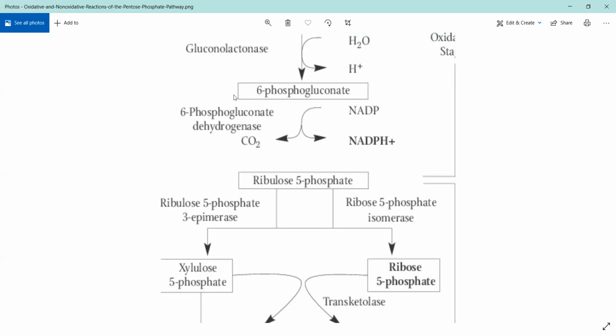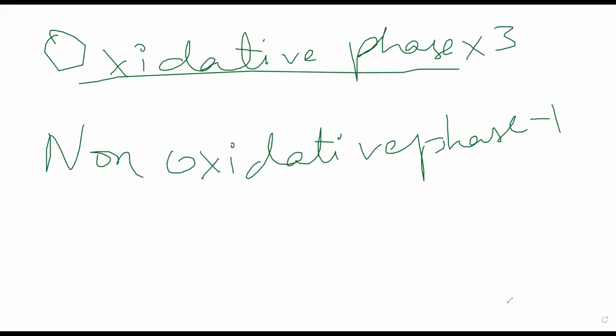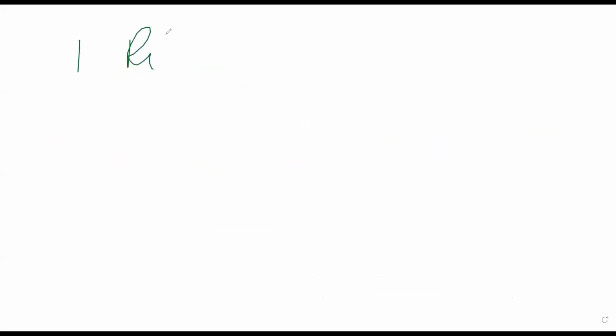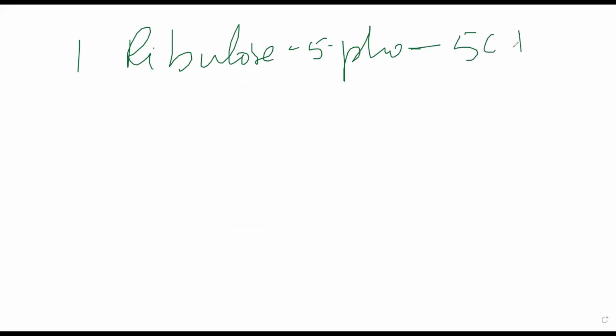Let us suppose I write this: 1 molecule of ribulose 5-phosphate has 5 carbons and 1 phosphate. It will have hydrogens and oxygens as well, but for now forget about that. Just remember there are 5 carbons and 1 phosphate.